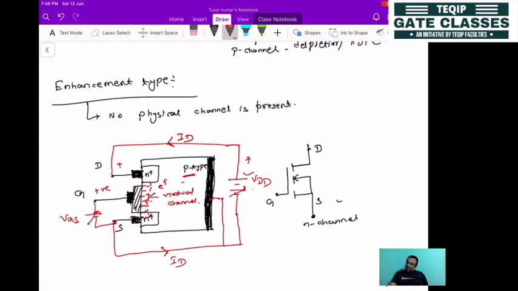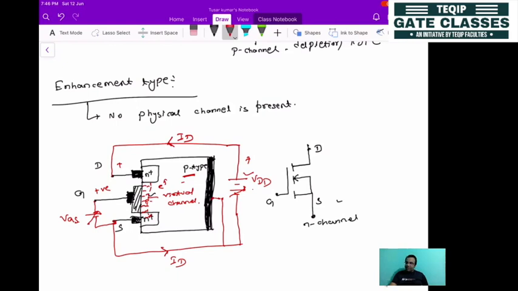So you have to apply a certain voltage, that is called the threshold voltage. Only if you apply a certain threshold voltage will this virtual layer be formed. Compared to the previous one, the magnitude of VGS may not be that high.